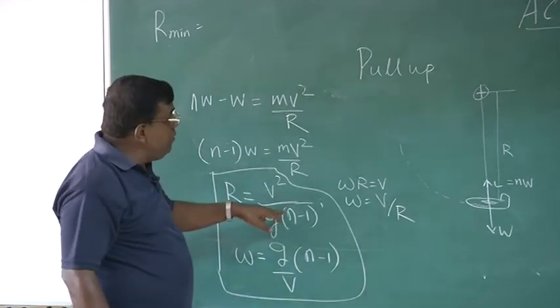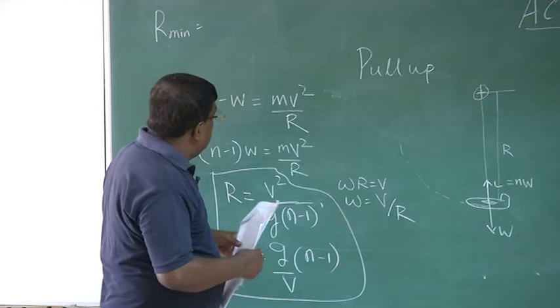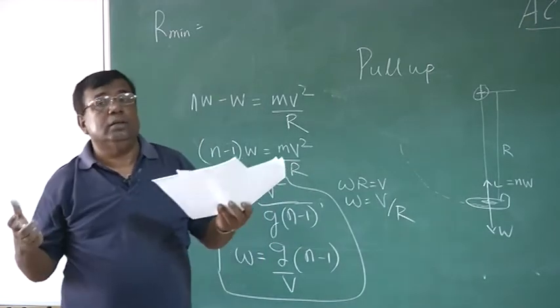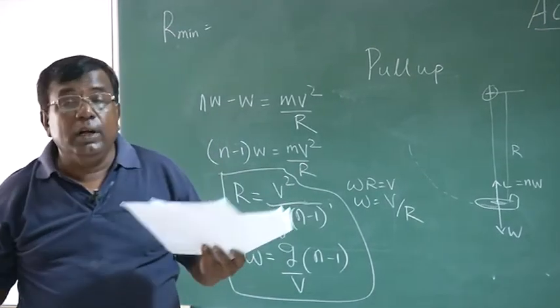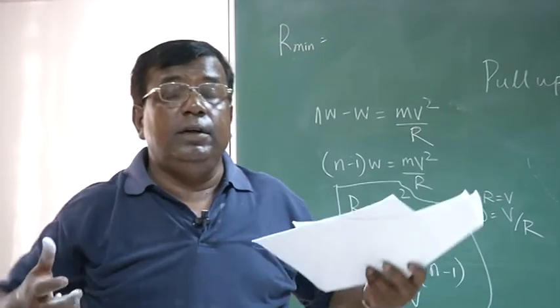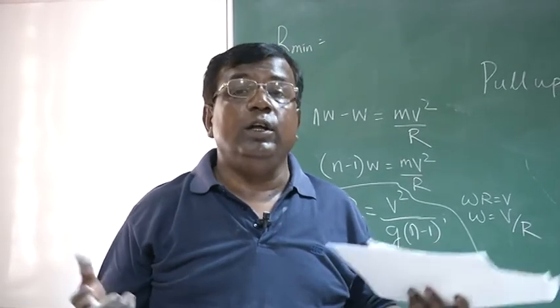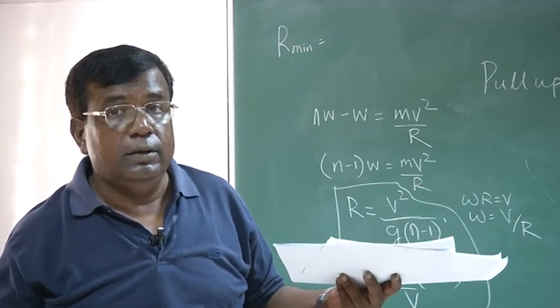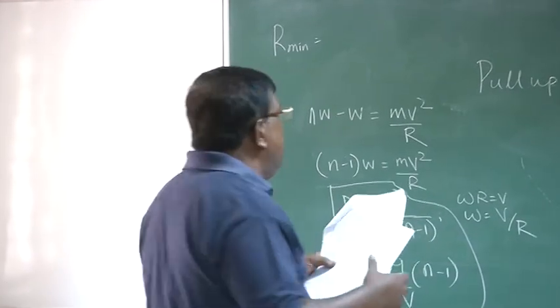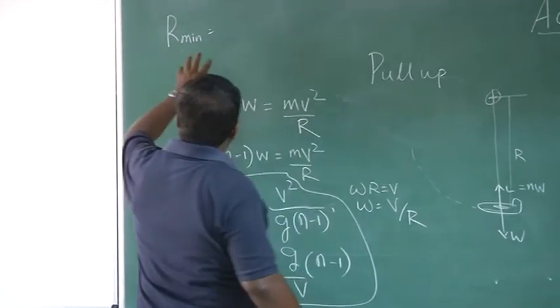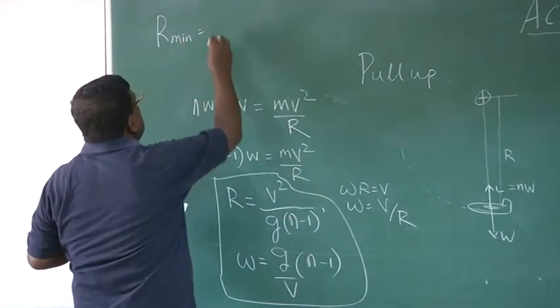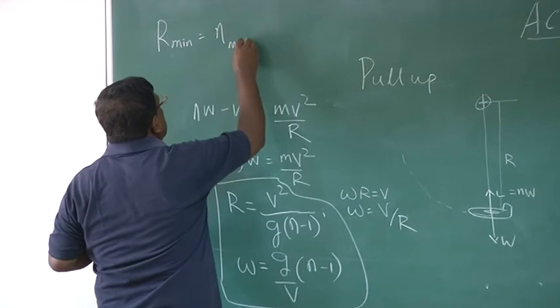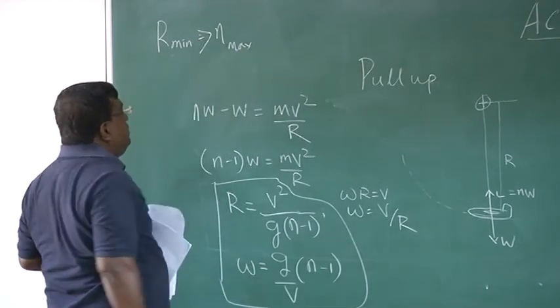What is the meaning of n being maximum? That is, you have a high load factor. How do you get a high load factor? You should have a very effective wing loading, very effective lift distribution on the wing. So all these things will get coupled when I think in terms of R minimum. R minimum means n maximum.